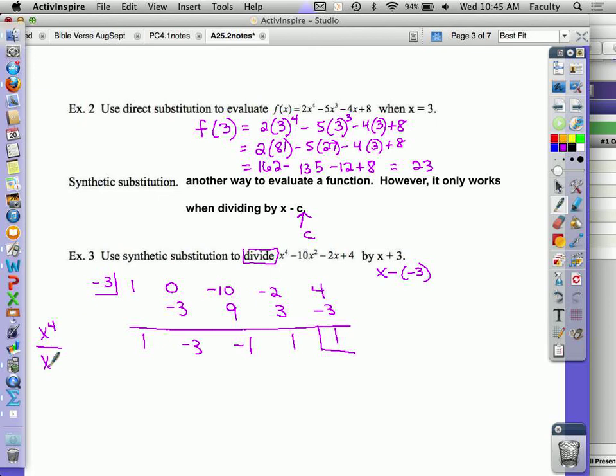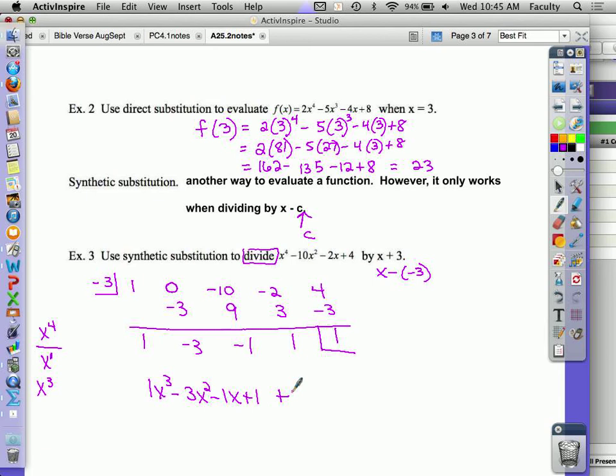Based on our exponent property, an x to the fourth divided by an x to the first is an x to the third. So this bottom row is the result of the polynomial division. So this is 1x cubed minus 3x squared minus 1x plus 1. And then the number in the box is the remainder.